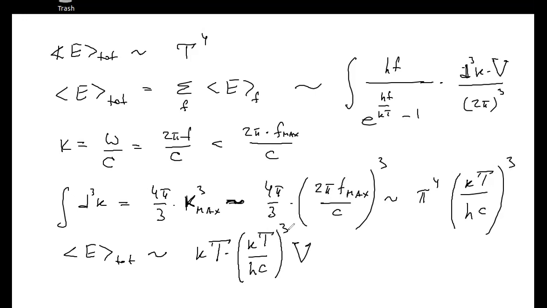And the miracle of this is that suddenly I'm gonna get temperature power 4. Okay, I don't need other constants. But can you see that this is temperature power 4? Temperature came initially from the energy, and then temperature power 3 came from the integration over k.